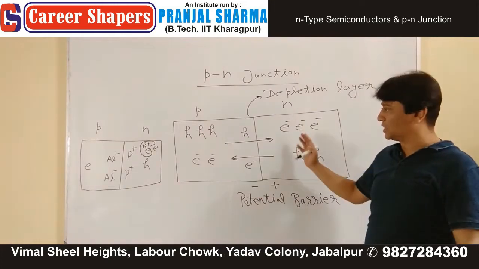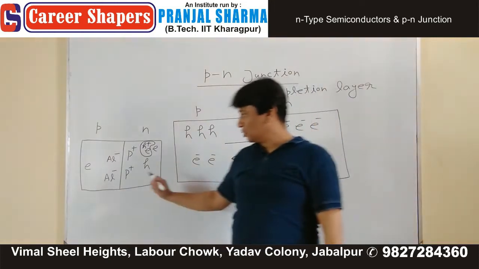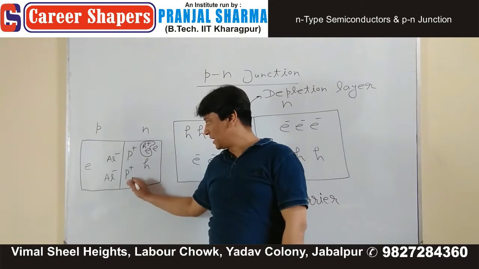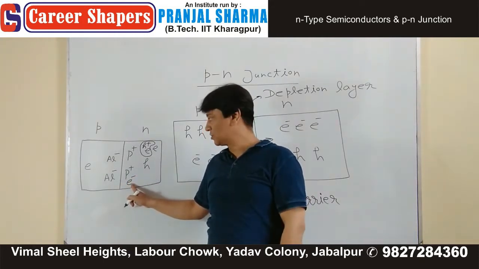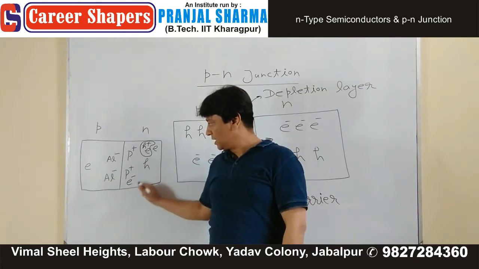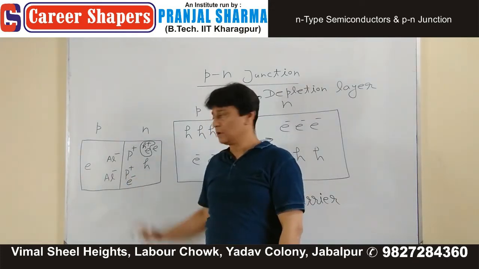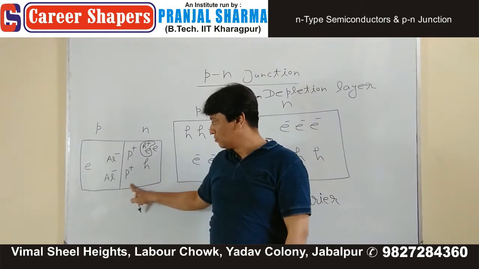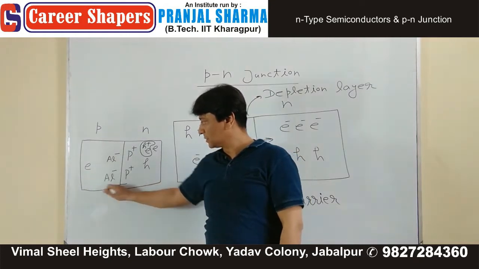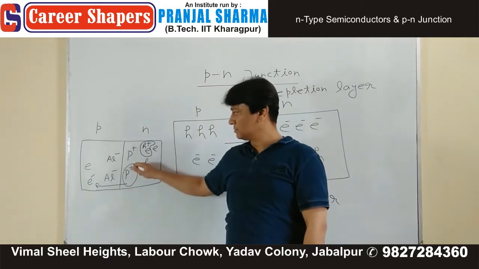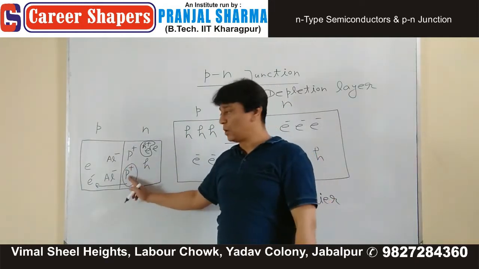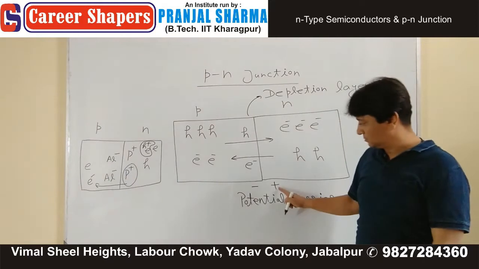Same thing happens with electrons. Initially you have an electron over here in the conduction band, a free electron. This part is electrically neutral. The moment this electron moves to this side, this region is what? Positively charged.